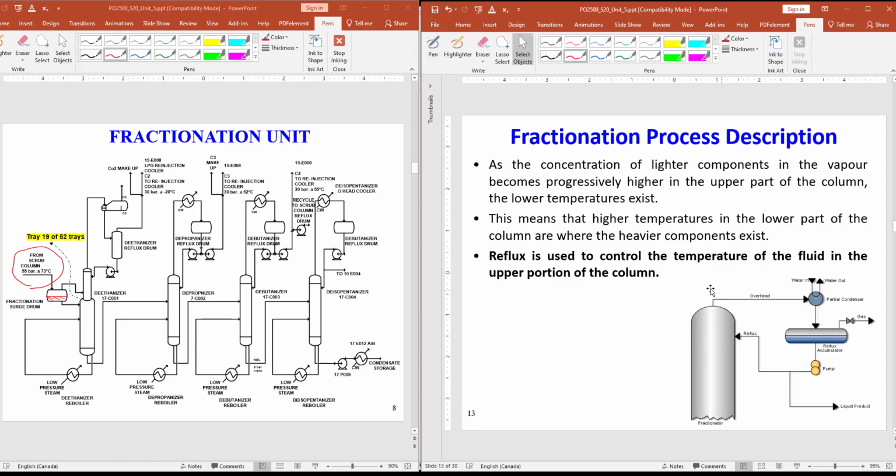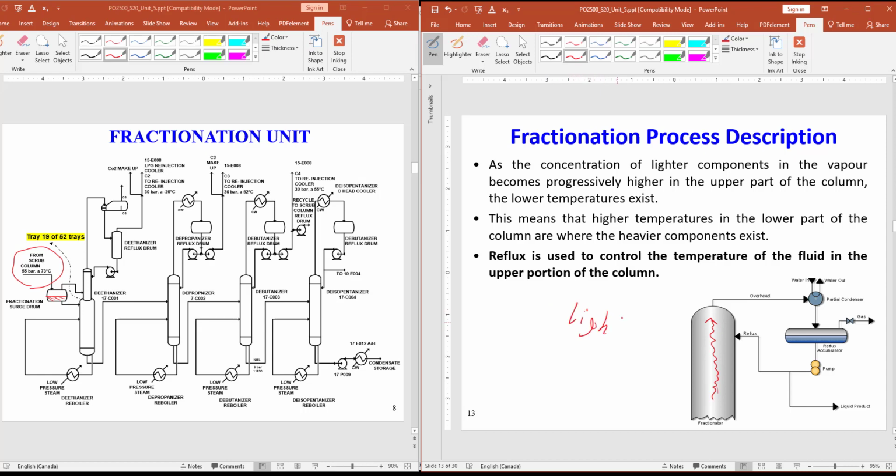Then we have fractionation, some other information. So since we go to the top of the column, we have vapor which is rich, pure in light product.